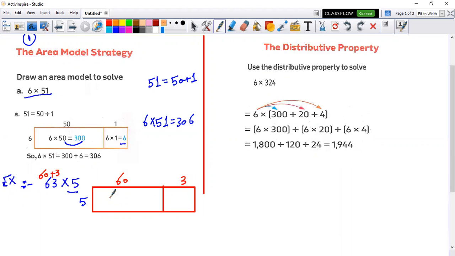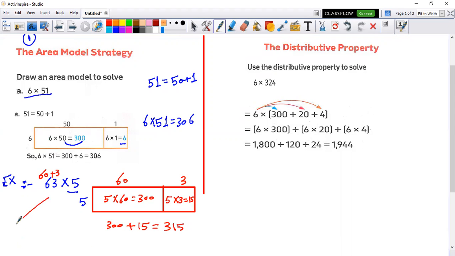5 times 60, first part, equals 300. And 5 times 3 equals 15. Now the product means the result of multiplication. 300 plus 15 equals 315.